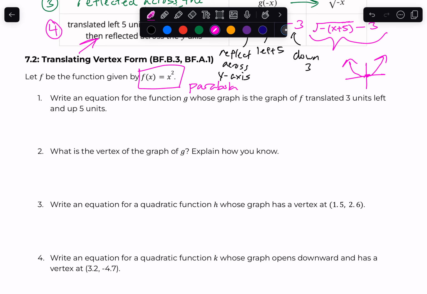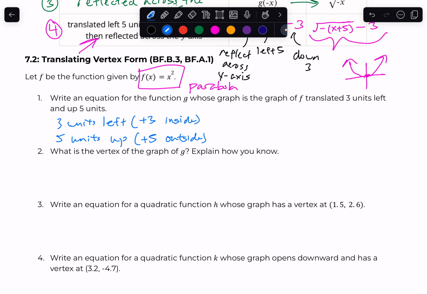I'm going to write an equation for this function g of x, whose graph is just like f of x, but it's translated 3 units left and 5 units up. 3 units left means plus 3 inside, and 5 units up means plus 5 outside.